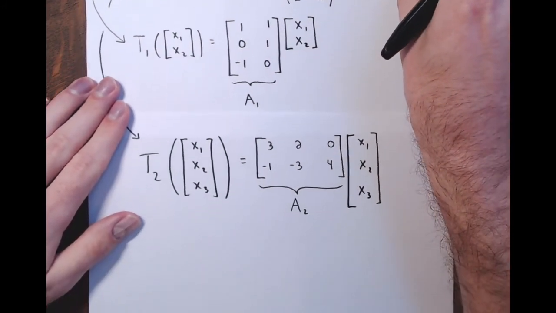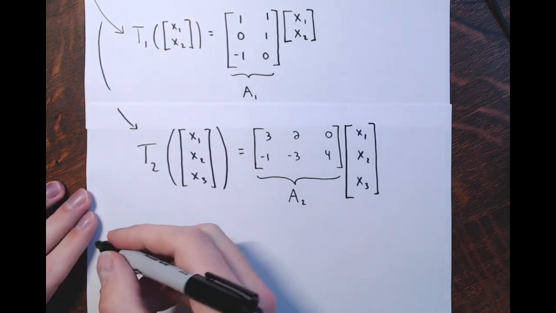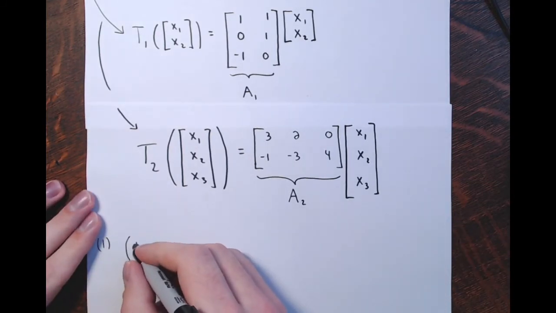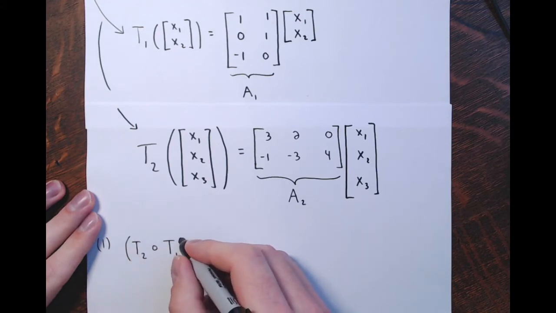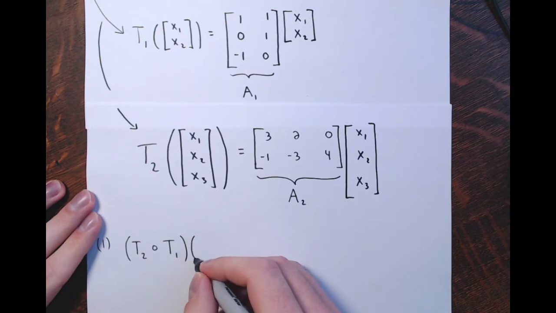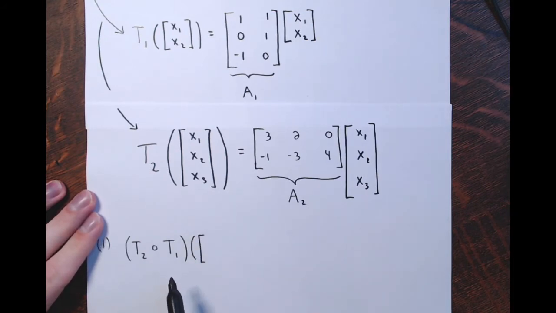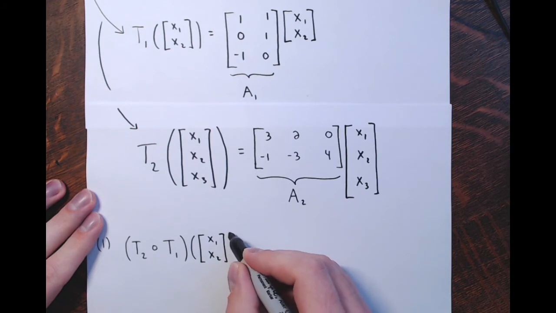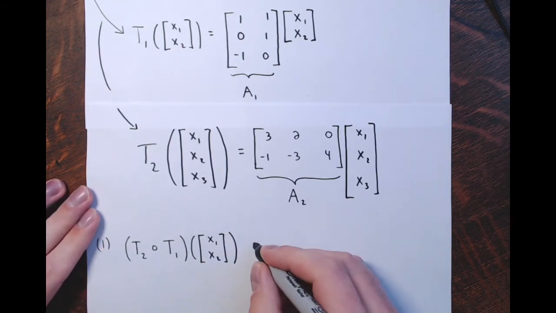So let me go through it now. So here are these transformations written in matrix form. And let me do the compositions. The first one was T2 composed with T1 of, and if I do this, my input's coming from R2, so of x1, x2. So remember what happens here.